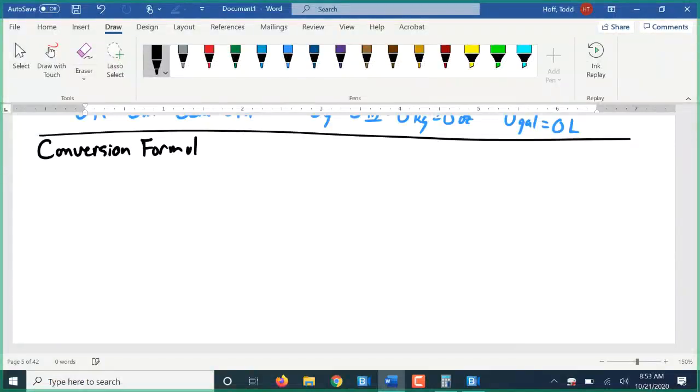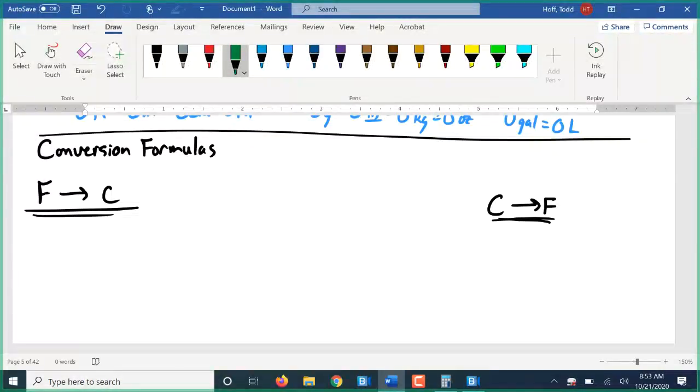Now we're going to have two conversion formulas. One's going to take us from Fahrenheit and convert us into Celsius. The other one's going to take us from Celsius and convert us back into Fahrenheit. Now, they're actually the same formula, just rearranged.